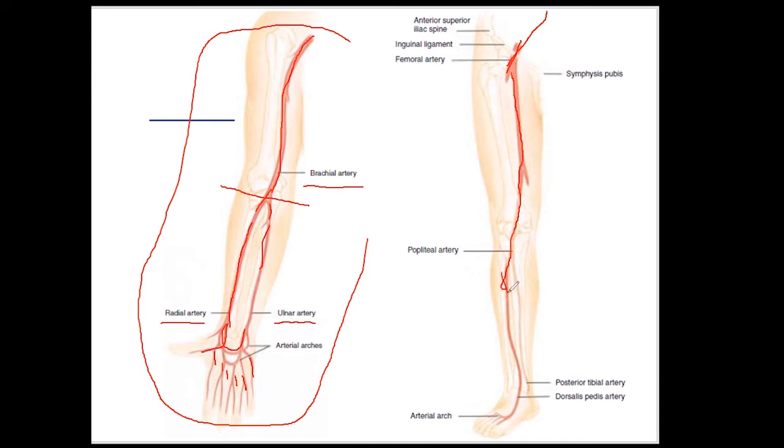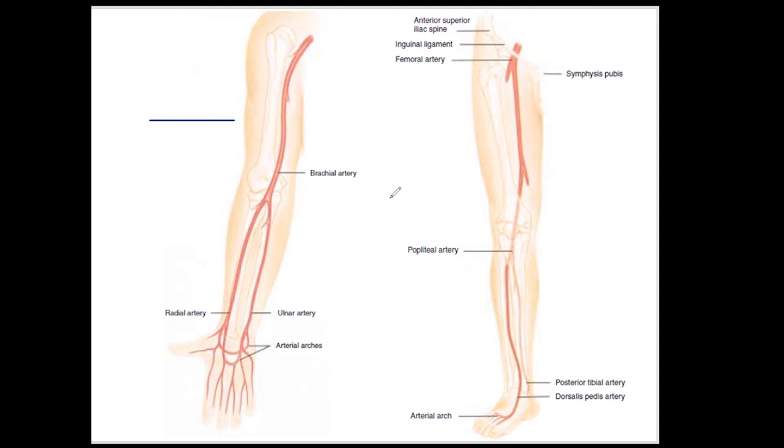It still branches into two. One is on the anterior of the leg, one is on the posterior of the leg. So that's how the arteries pass through the legs.